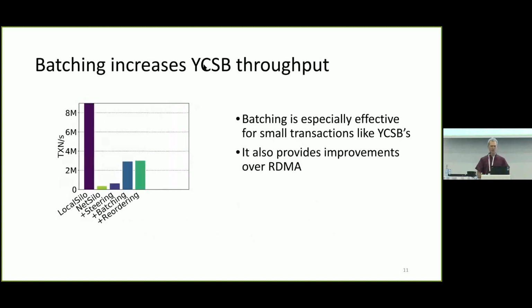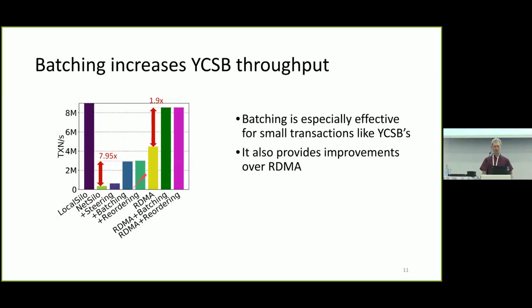First of all, looking at the batching algorithm, we found that batching increases the throughput for the YCSB-A workload. Compared to NetSilo, the baseline Silo database with user space networking, we see an almost 8x increase in throughput. And compared to the NetSilo RDMA baseline, we see a doubling in throughput. So this is with YCSB.